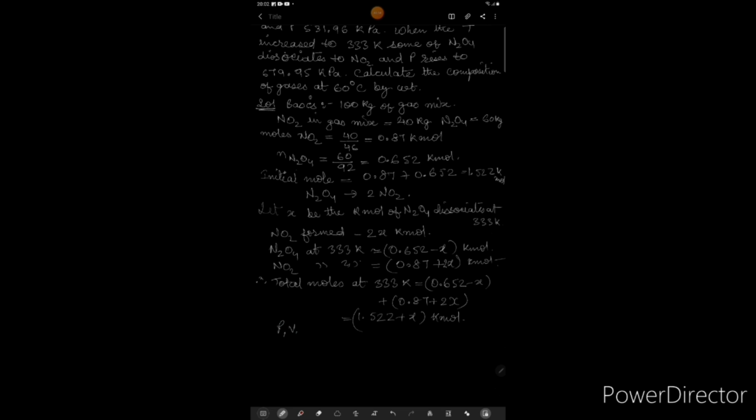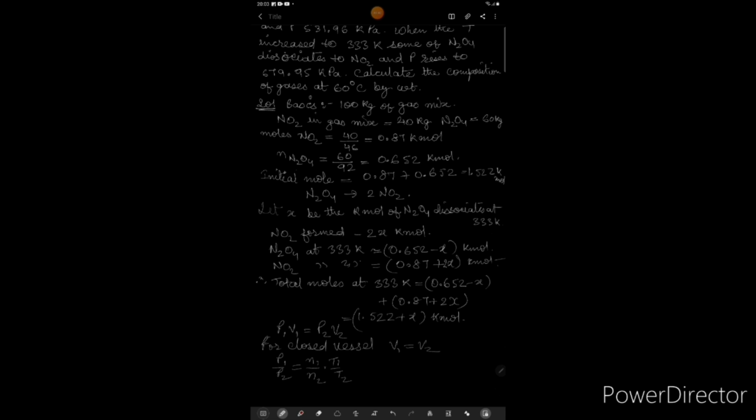And P1 V1 equal to P2 V2. For closed vessel, V1 equal to V2. So P1 by P2 equal to N1 by N2 into T1 by T2.